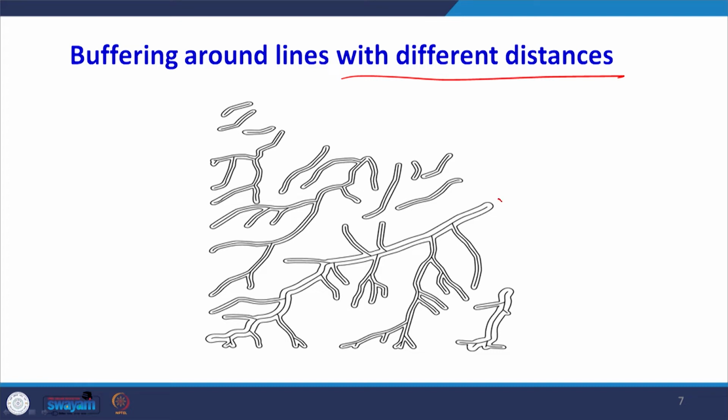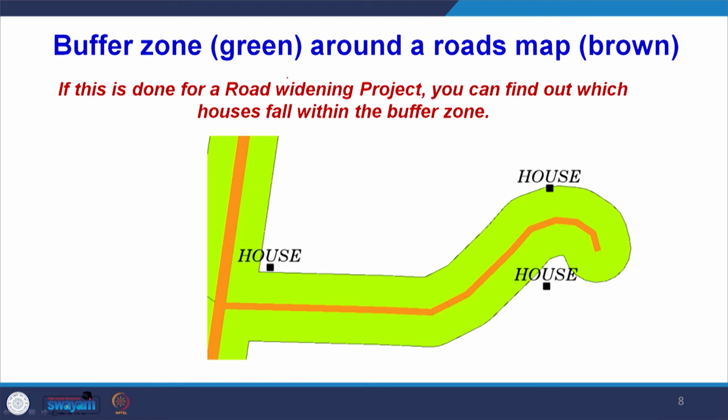For some of the rivers the buffer distance is much larger, as you can see here. For other rivers the distance is smaller. Depending upon the analysis and the requirement, we can create within a map itself the buffer with different distances around the feature.